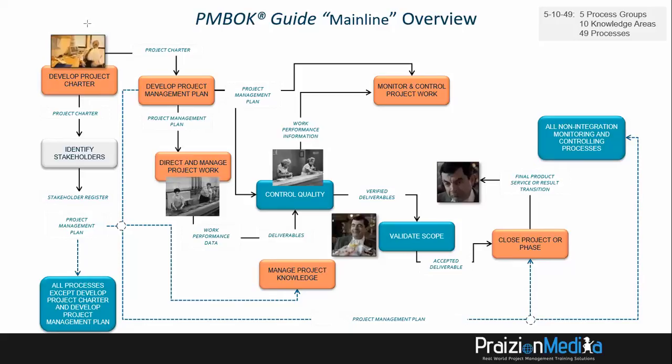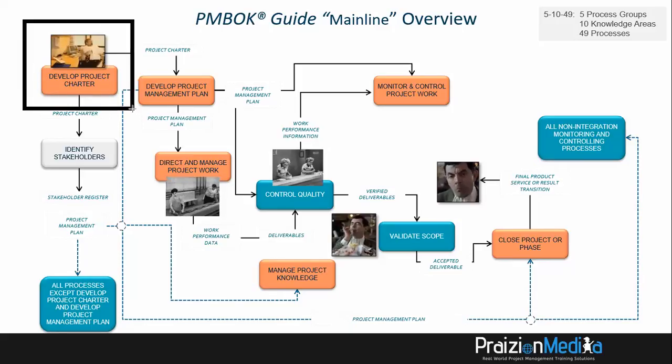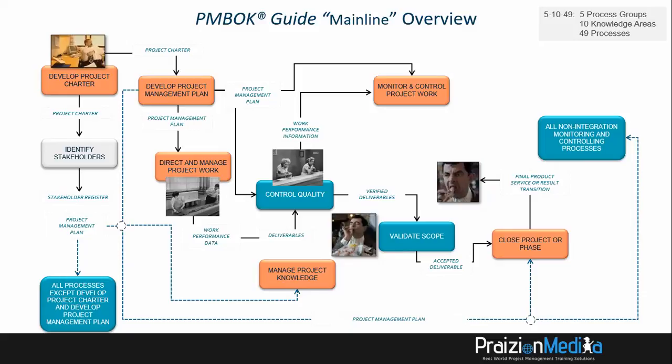And how do you add value to the customer? Value is added in the delivery, the acceptance, the transition of the deliverable. And that, my friends, at a very, very high level, is what you are doing in the processes in the PMBOK guide.